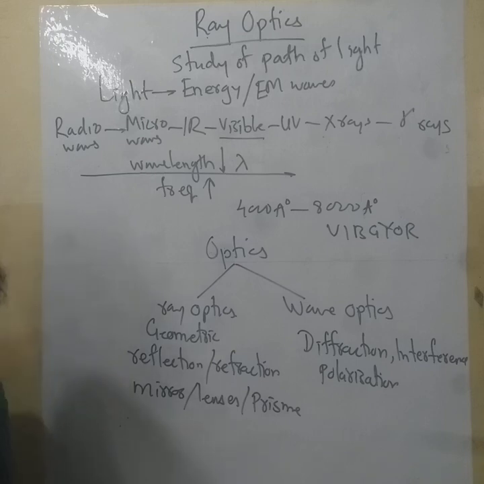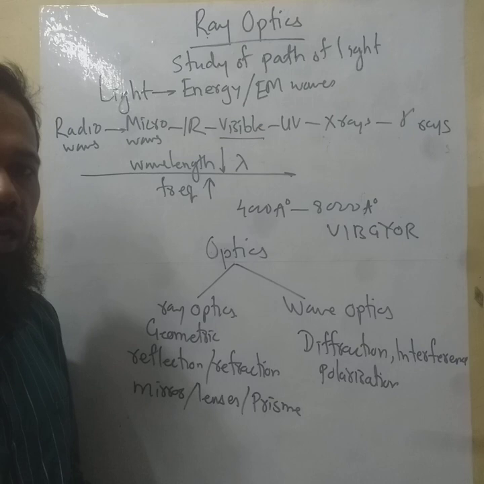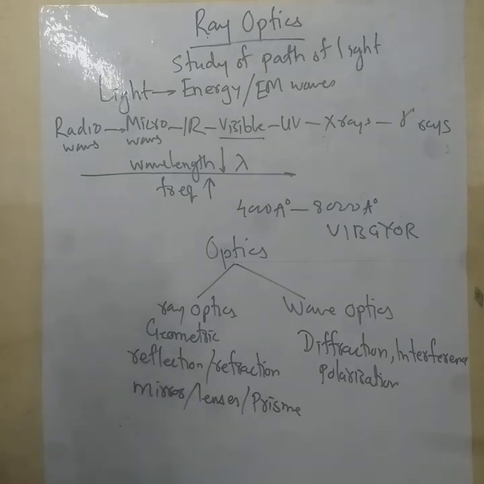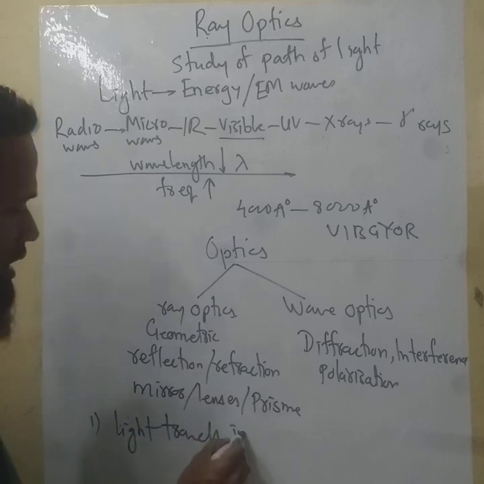Before that, we know that light always travels in a straight line. We should remember these points: light travels in a straight line.